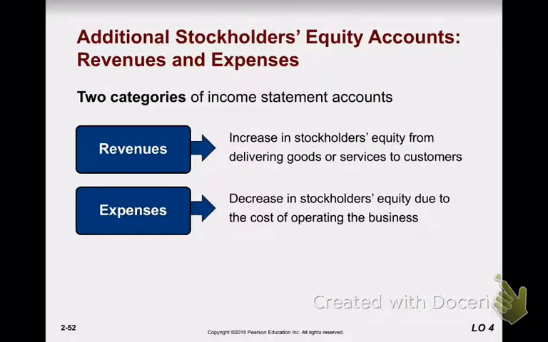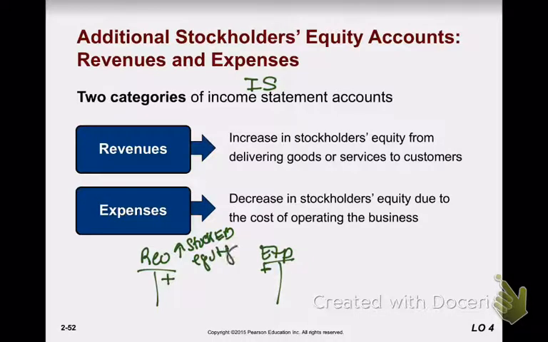Now, don't forget we were talking about revenues and expenses, our income statement accounts. If we look at it from a T account perspective, we have revenues and expenses. Revenues increase on the credit and expenses increase on the debit. Remember, revenue increases our stockholders' equity, and expenses decrease that stockholders' equity.